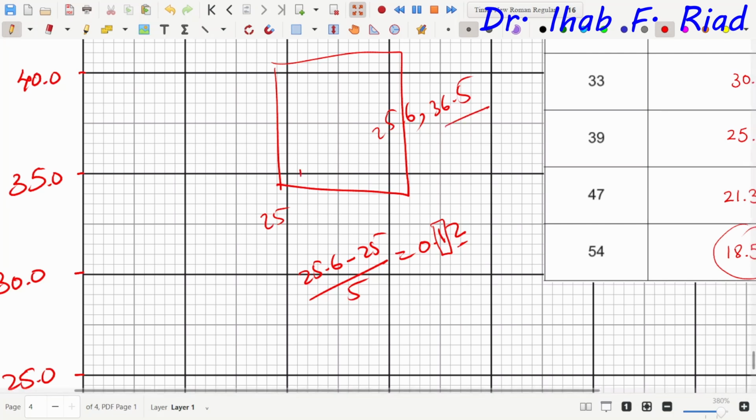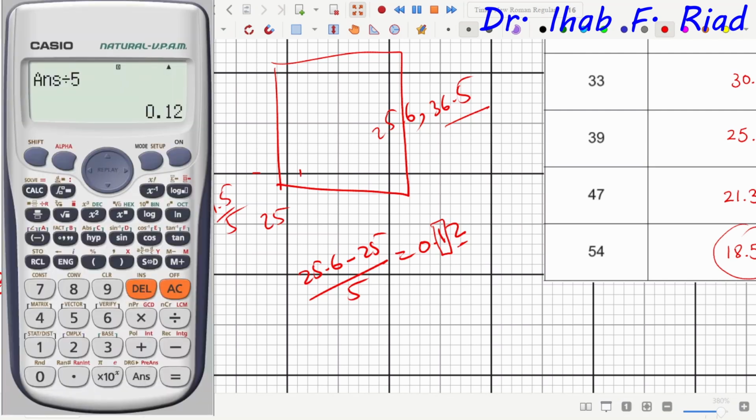What about 36.5? Should we do the math? Yeah, okay, let us try with the math. It is 36.5 minus the closest to it, which is 35, and we divide by 5. Okay, we got 1.5 divide 5, 3 small squares.